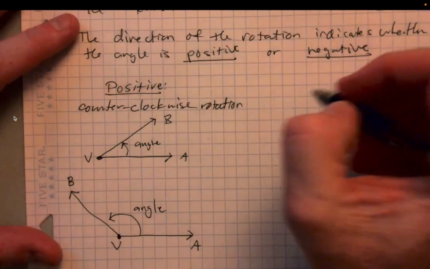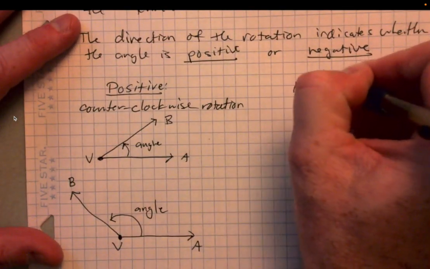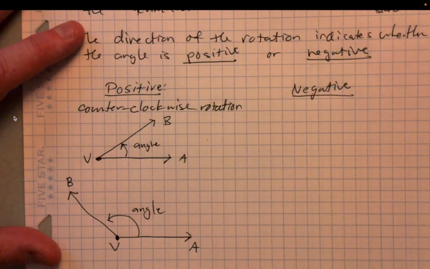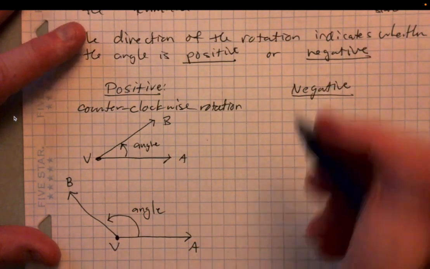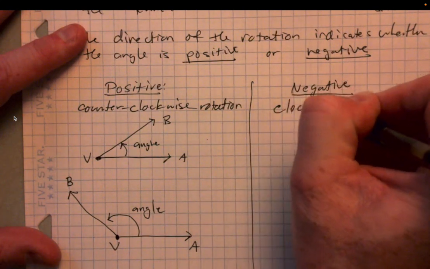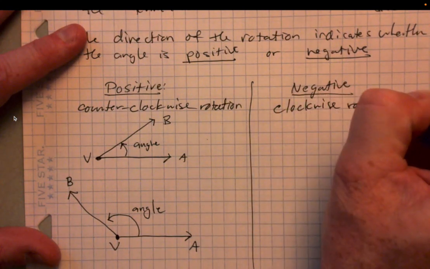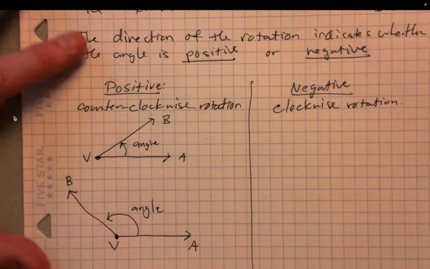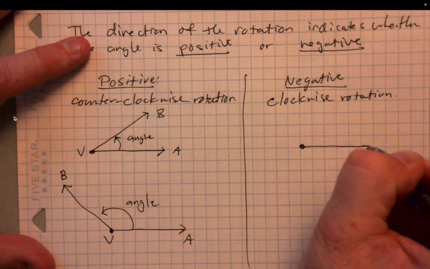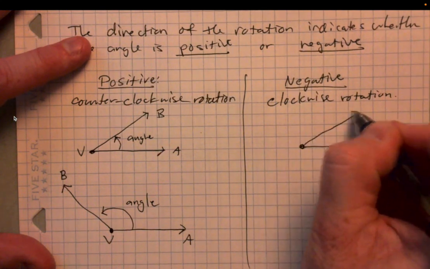A negative rotation is going to involve clockwise rotation. A negative angle will have clockwise rotation. We haven't really drawn one of these yet, but let's take this example.